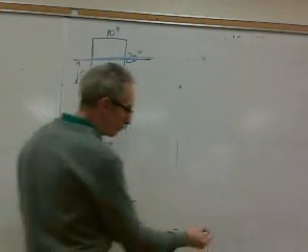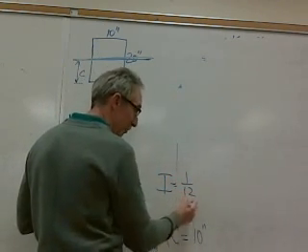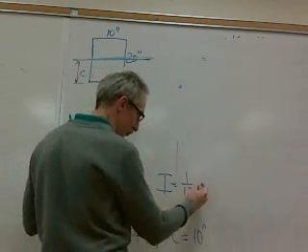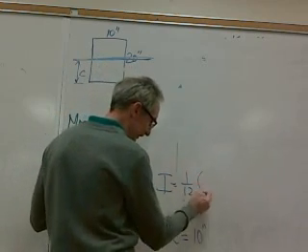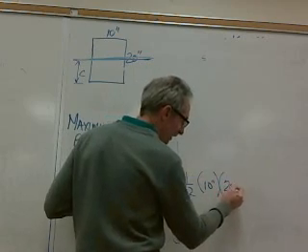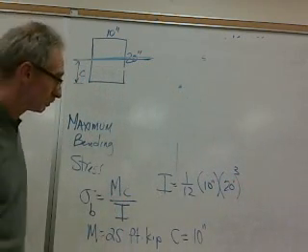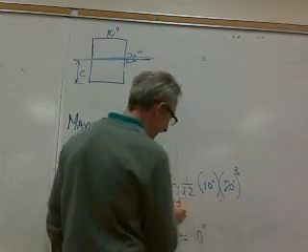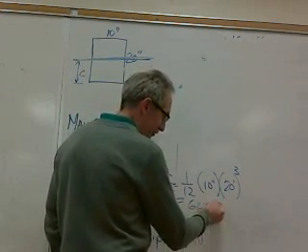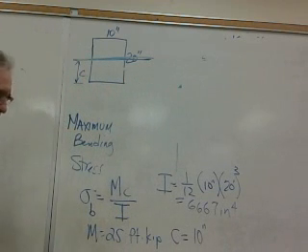That formula for a rectangular shape about its centroidal axis is 1/12 base, which is 10 inches, times height, 20 inches, cubed. I think that moment of inertia comes out to be, if I round it, 6,667 inches to the 4th.